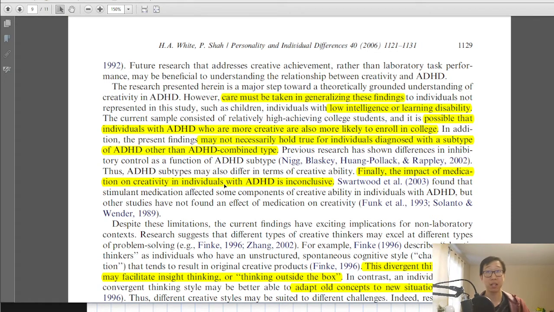And the impact of medication on creativity is not known. It was certainly not known at the time. I'd have to look at the literature to see if it's still not known. But they cite a few references here showing different results. And of course, that could be a result of how they define creativity. In this paper, it's very clearly defined. So I'd have to look at those papers to see what that's about.